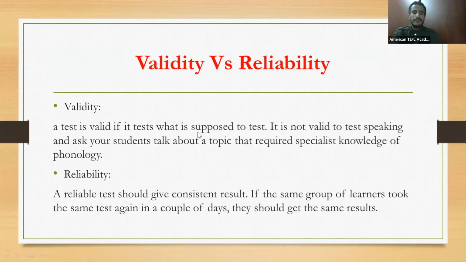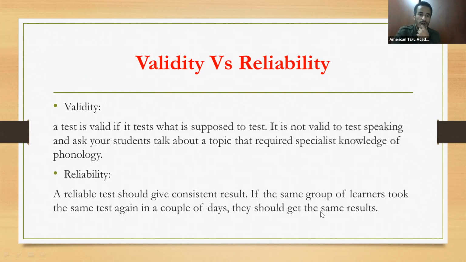Good. Reliability: a reliable test should give consistent results. If the same group of learners took the same test again in a couple of days, they would get the same result. So you give students a test today, and next week you give them the same test.